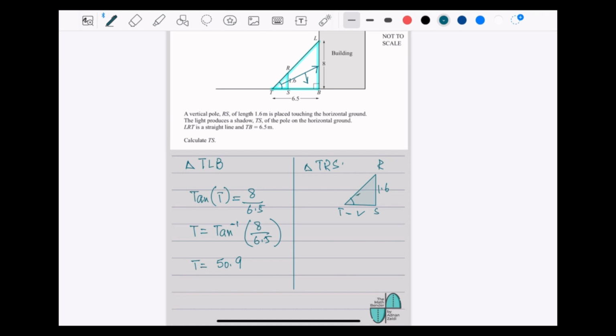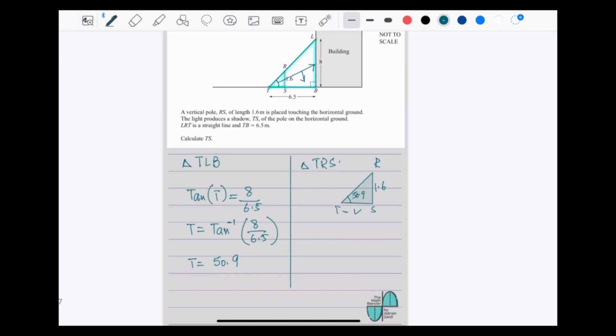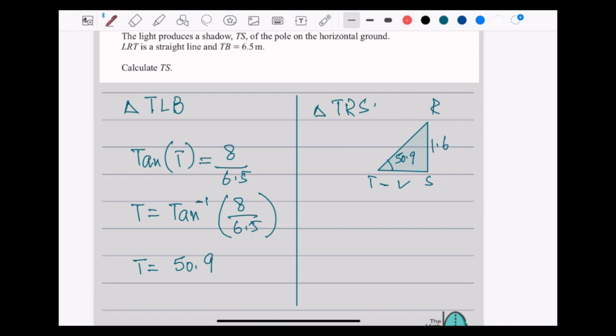So we already have found out 50.9. So now using this ratio and according to the angle, this is the opposite and we have to find the adjacent. So we use tan of the angle, which is 50.9, is opposite, which is 1.6 over the adjacent.